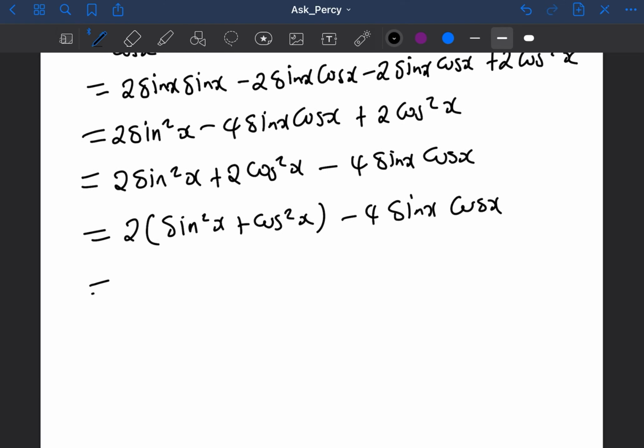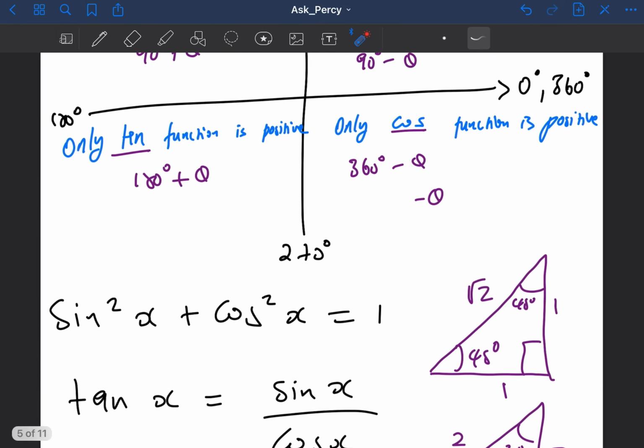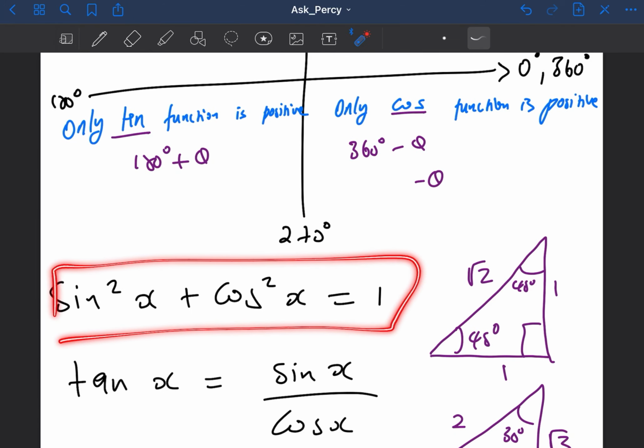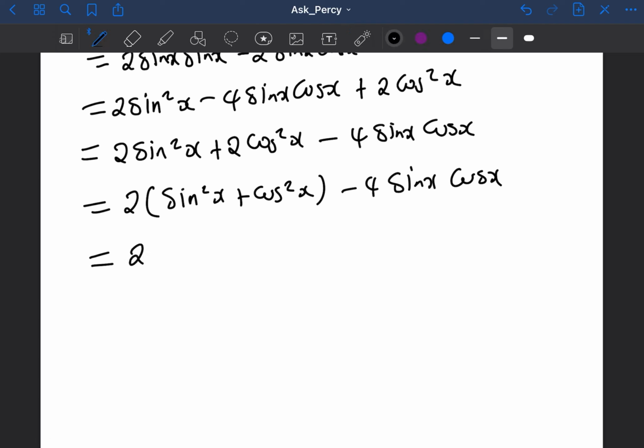Okay, and now what is sine squared x plus cos squared x? It is 1, right? So you're going to have 2 minus 4 sine x cos x.